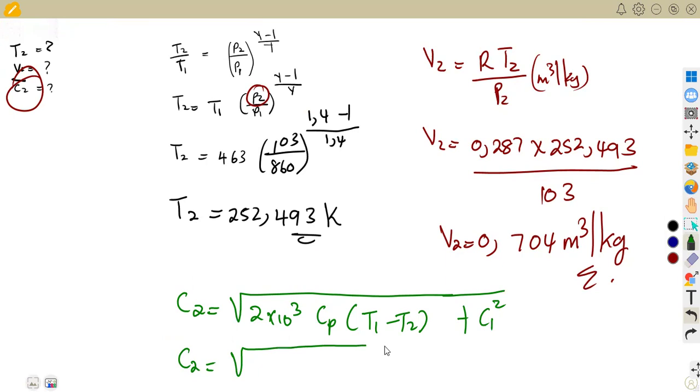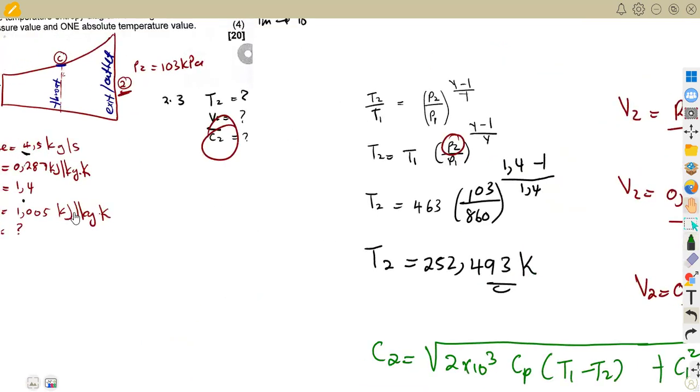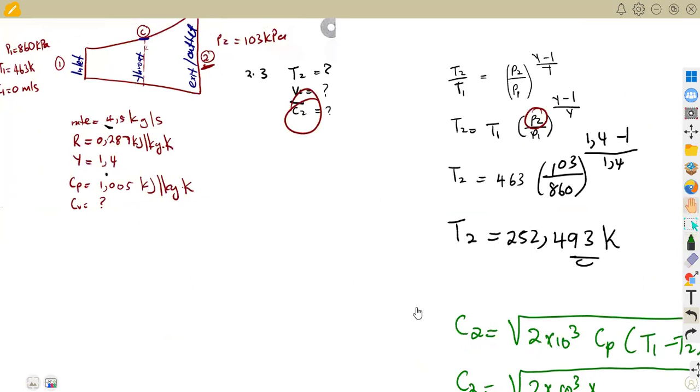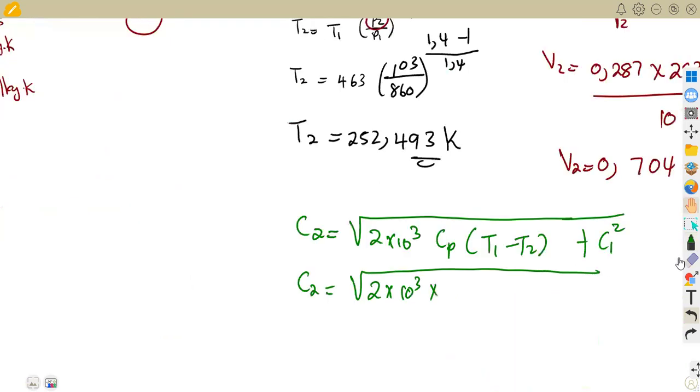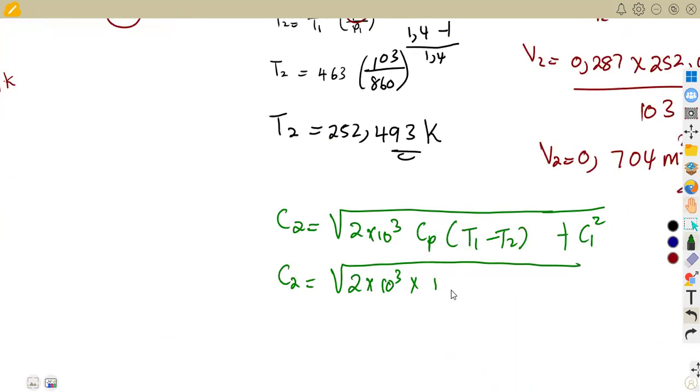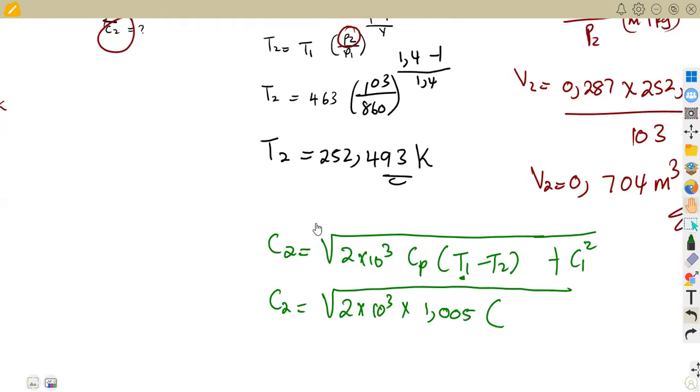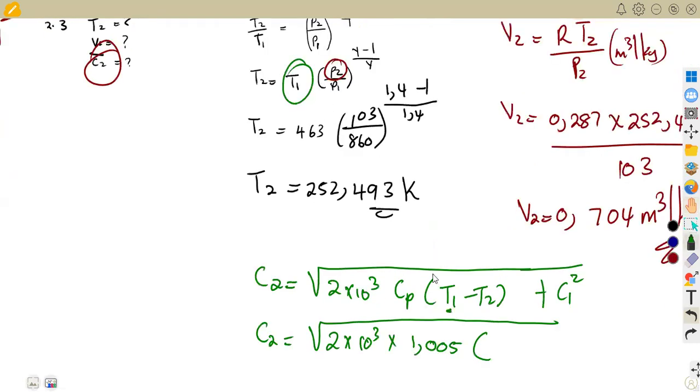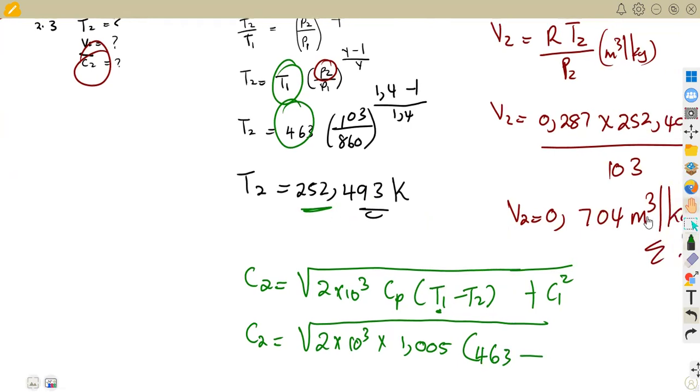So that is going to be the square root of 2 times 10 to the exponent of 3 times our Cp, which is the constant pressure heat capacity of 1.005, into the difference. Remember T1 is 463, we are given there, minus T2, which we calculated there.